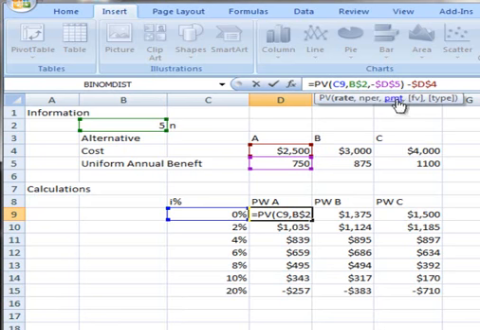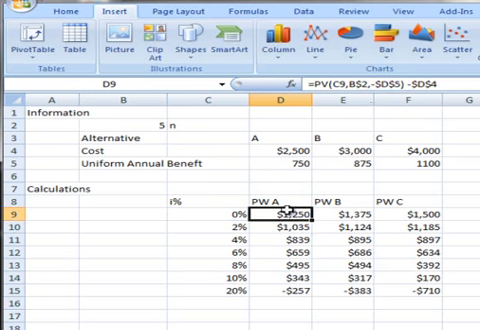My payment is negative D5, and then I have to subtract off the initial cost to get my present value. And I hit return. Now, the reason I did it this way is so I can grab this corner and just pull the formula down, and everything will increment to the various interest rates and make the calculation easy.